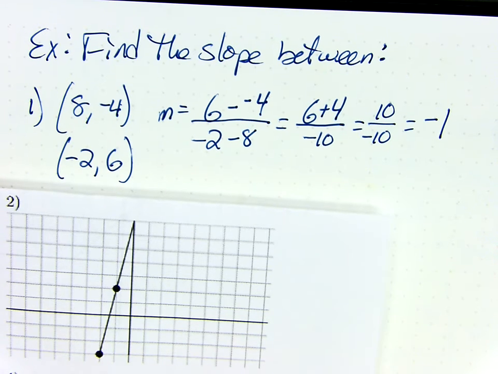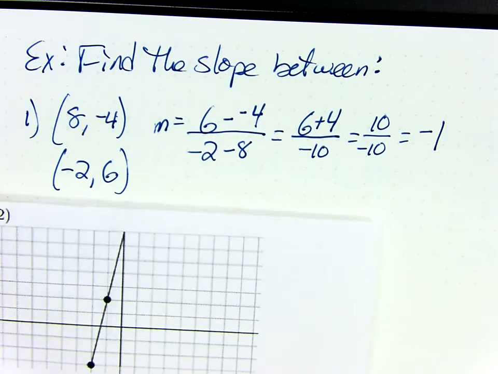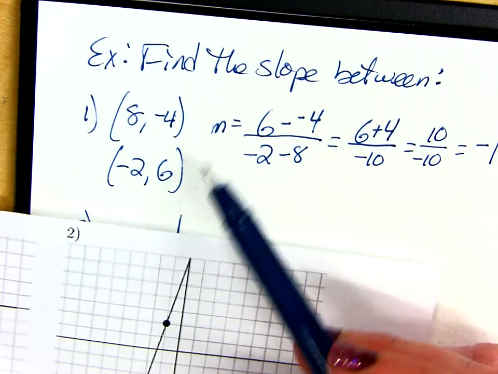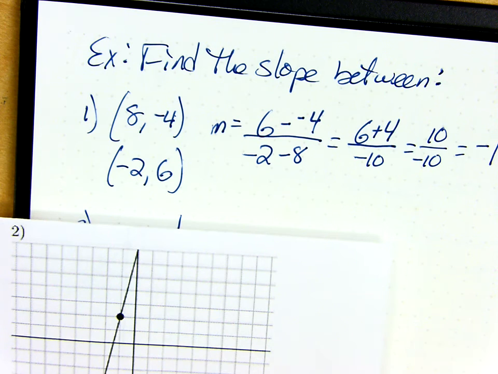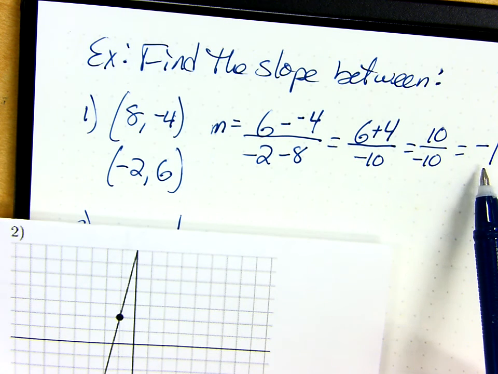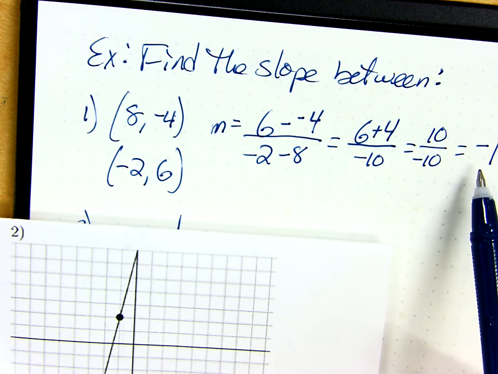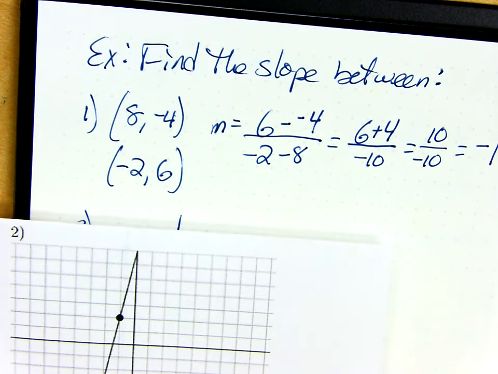Now, what could you tell me about this line? I know we don't even have a picture of it, but what could you tell me about it? It's got to be going down from left to right because the slope is negative. So even though I didn't even plot these points, if I were to, and I connected them, I would know it would be going down from left to right.